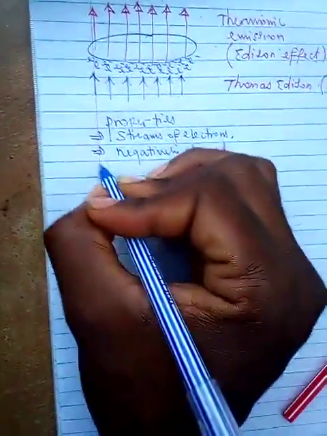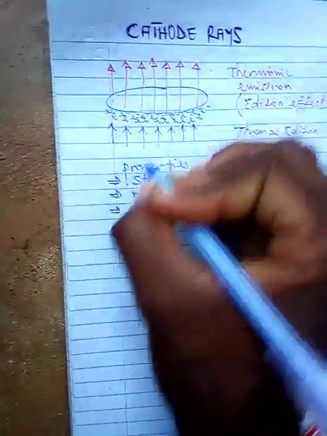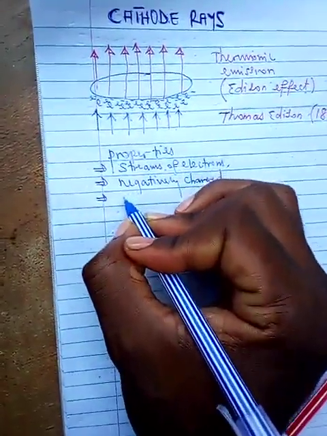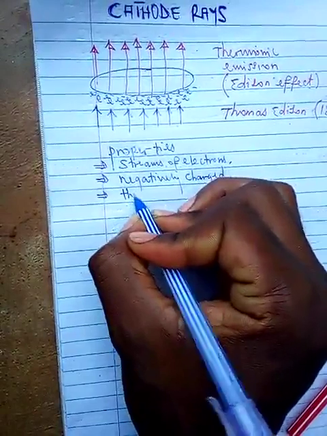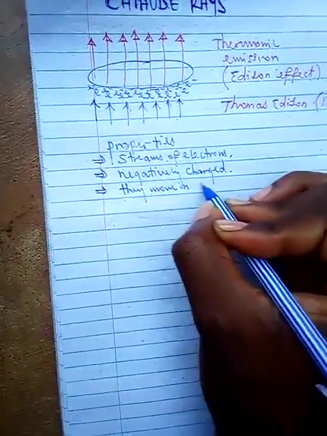Apart from being negatively charged, one thing that you need to know is that these cathode rays also move in straight lines.